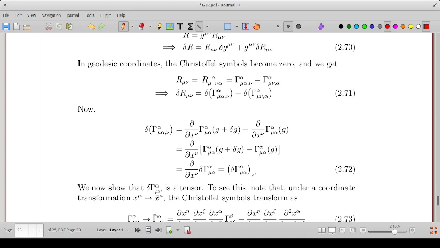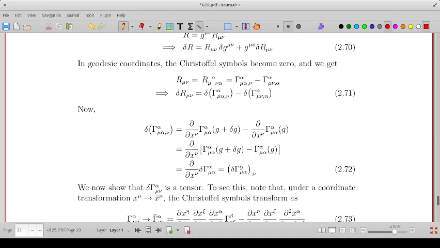But since derivative is linear, I can take this outside, d by dx nu of gamma alpha mu alpha at g plus delta g minus gamma alpha mu alpha at g. But this difference is the variation in gamma because of the variation in g, and which we write as delta gamma alpha mu alpha.